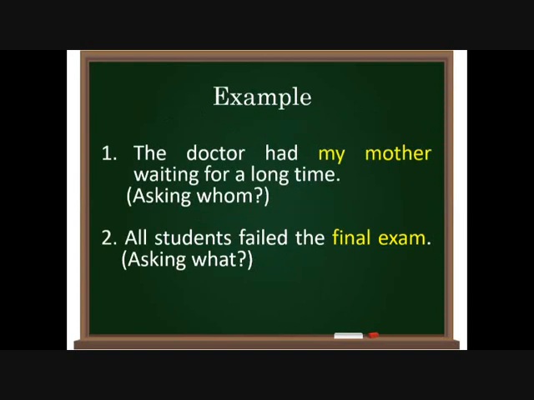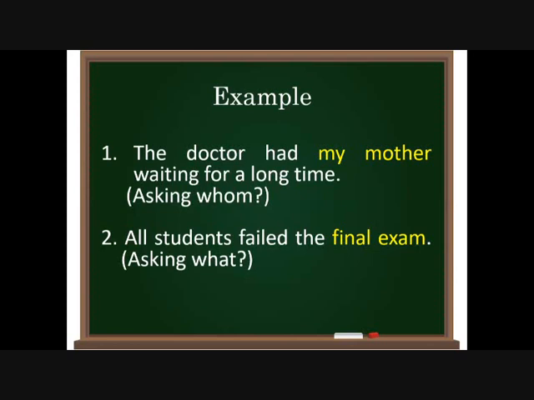The first example says, the doctor had my mother waiting for a long time. If we identify here first our subject, we're going to find that it is the doctor. Then the verb is had, which is the past tense of the verb have. After it, my mother waiting for a long time is part of the predicate, our complement.